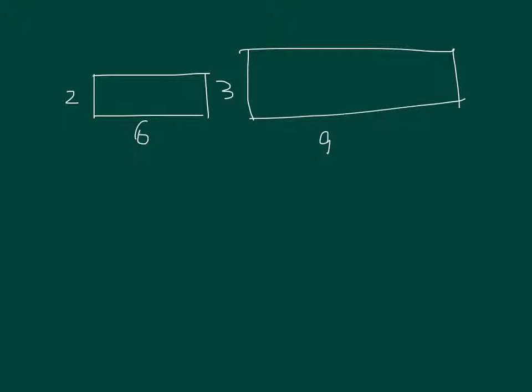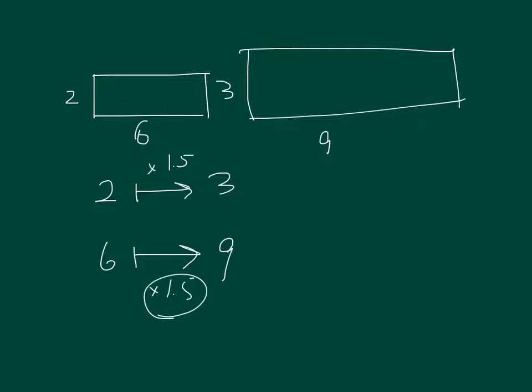We're going to compare the small number to small number, and large number to large number in the figure. The rule is you scale 2 to 3 by 1.5, and also 6 to 9 you multiply by 1.5. Therefore, you're using the scale factor, so you scaled vertically and horizontally at the same rate, in other words, so they are scaled.